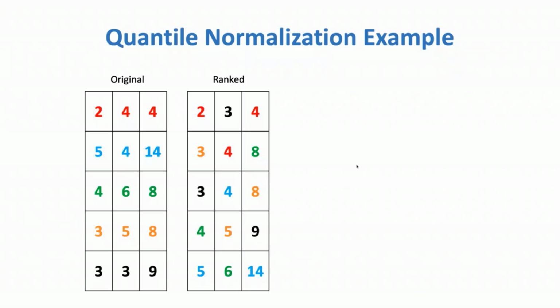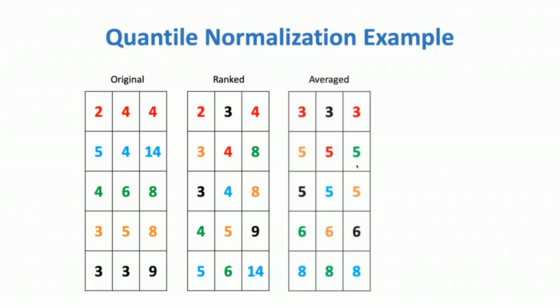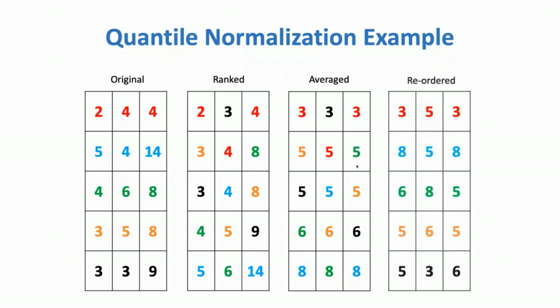we replace the values. For example, for the values in the first row, we replace them with the average of those values. In this case, for the first row the average is 3, so 2 plus 3 plus 4 divided by 3, right, is 3. We do this for all the rows. Once we do that, we can change them back to the original position, which is easy because we color coded them.